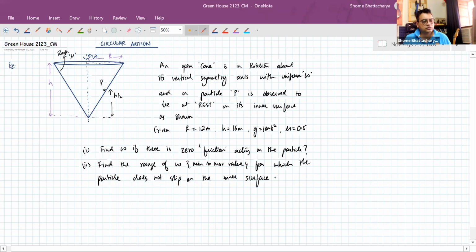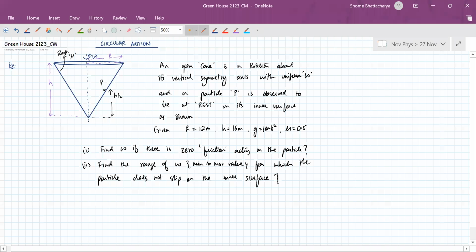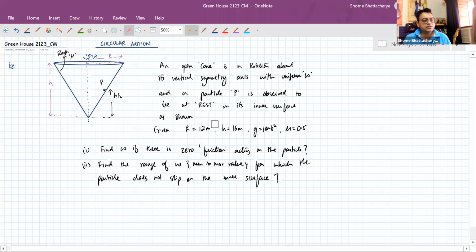Okay. And in the first part, in addition to being at rest with respect to the inner surface or with respect to the cone, there is also zero friction acting. So that means there is no tendency for slipping for the particle. So friction is not acting. Right.